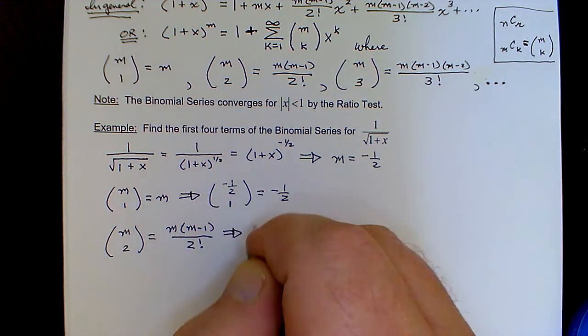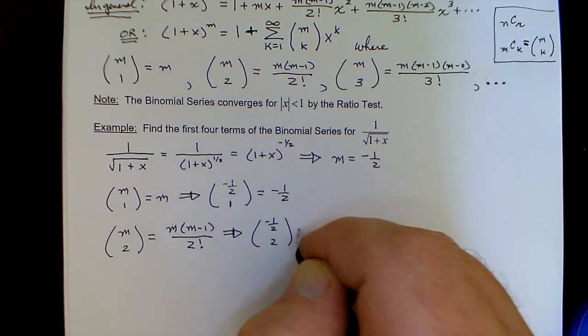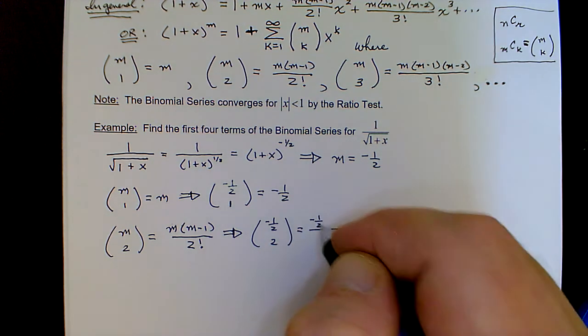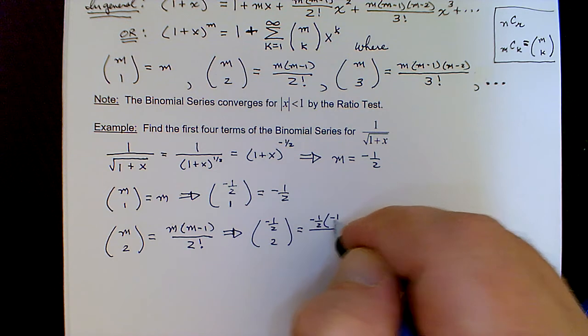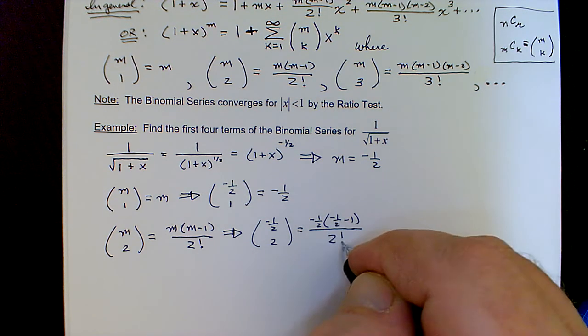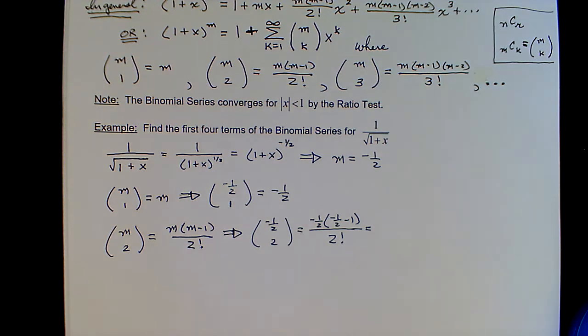So then for our example, negative 1/2 choose 2 would be m is negative 1/2 times negative 1/2 minus 1, a quantity over 2 factorial. So basically you just have to grind down the arithmetic.